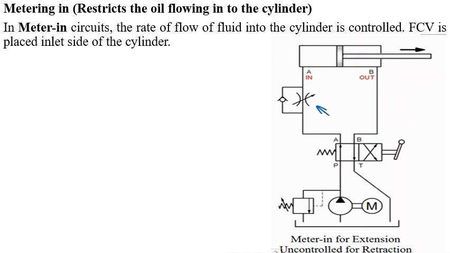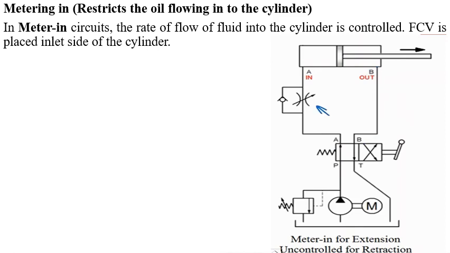This circuit uses a manually operated spring offset 4 by 2 direction control valve and a flow control valve with check valve. In the meter in circuit, the flow control valve is placed in the inlet line leading to the blank end of the cylinder. You can see in the diagram.